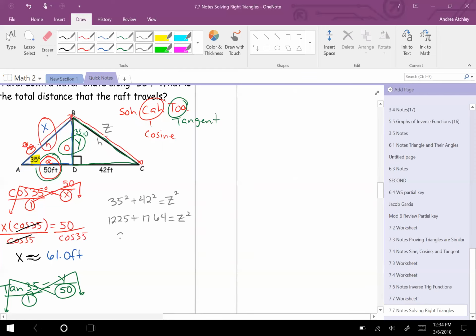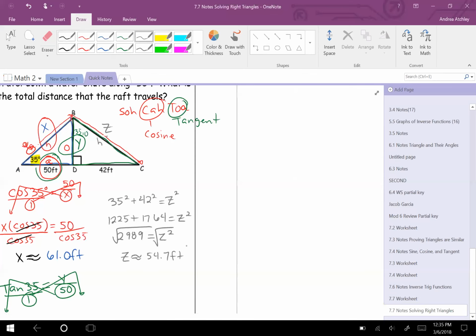So that's 2989 is equal to z squared. Square root both sides, and I get z is about 54.7 feet. Okay, now what?